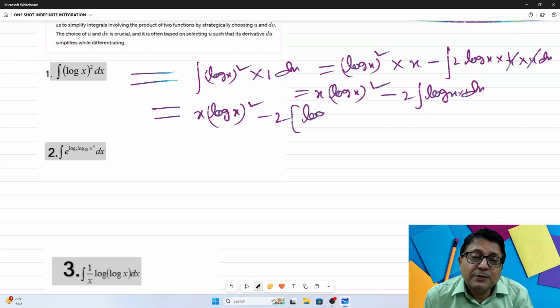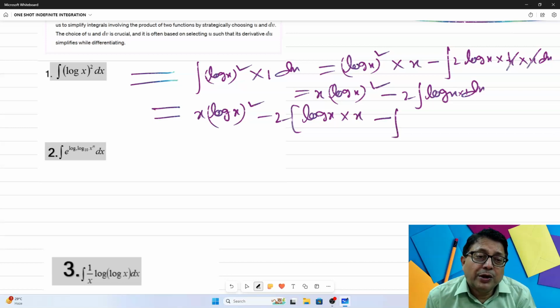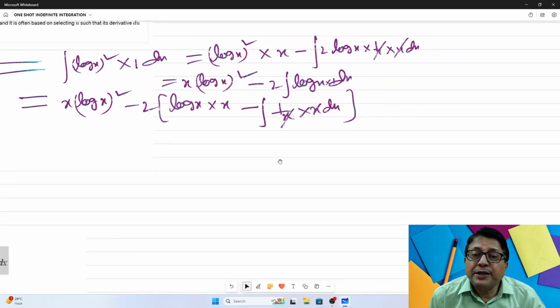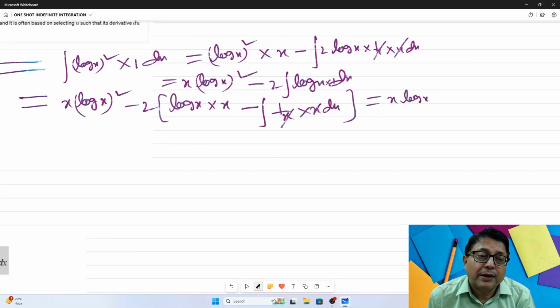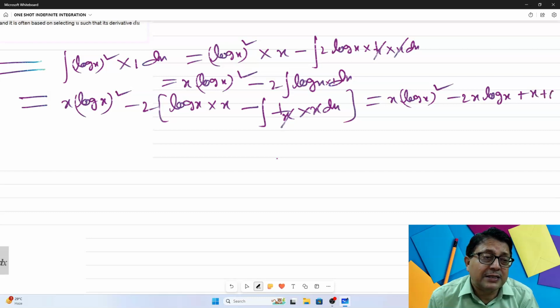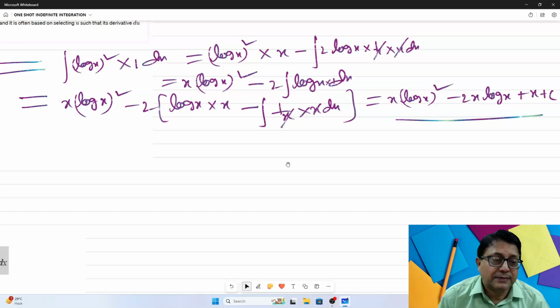So log x first function, 1 second function, derivative of log x is 1 by x into x dx. These two are getting cancelled and it is completed in the next step only. It will be x into log x whole square minus 2 times, x log x minus integration of dx which is x, plus c.